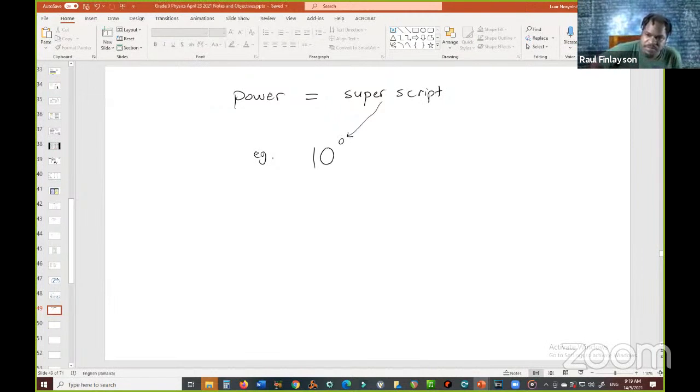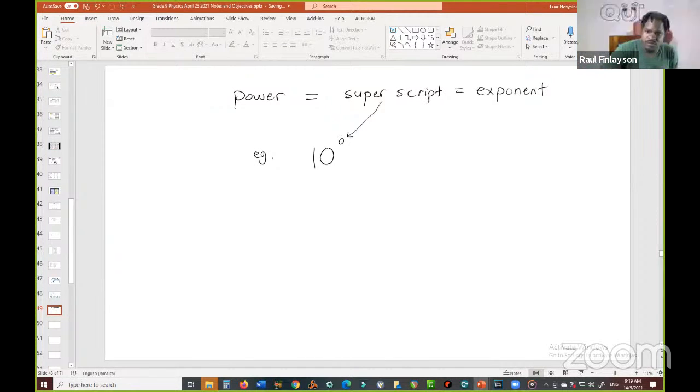If we were to go in a more advanced way, we'll learn something called logs. But we also call this word exponent.